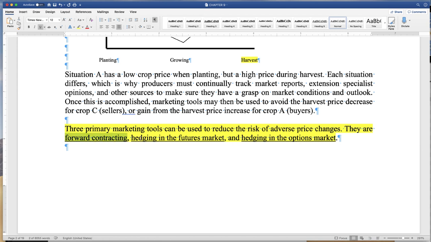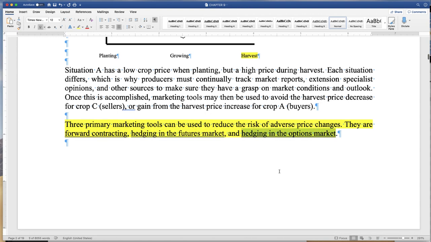Forward contracting is just a contract. So today is April, and I need to buy corn by August. So I'm going to go ahead and make a deal today. That's called a forward contract. A hedge using the futures market is another way, and then finally the options market is another way.